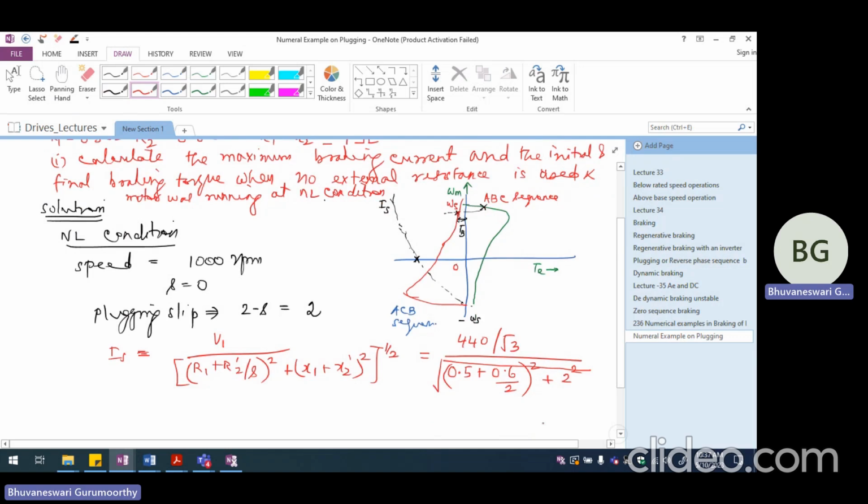This is what is going to give us the current. This is 440 divided by root 3, this whole thing divided by 0.5 plus 0.3, 0.8 square, which is 0.64, and 2 square is 4. So 4.64, square root of this will be in the denominator. So this comes out to be 117.936 ampere.